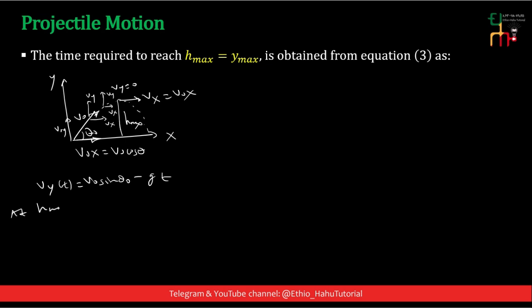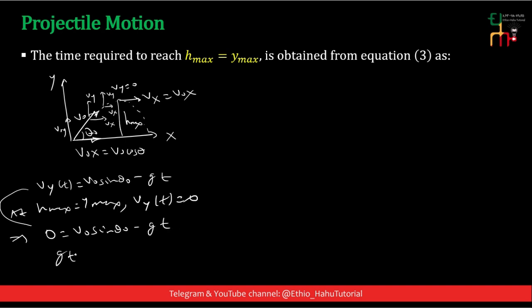Vy of t is equal to 0. This implies, from this equation, 0 is equal to V naught sine theta naught minus gt. Let's bring minus gt to the left. G times t is equal to V naught sine theta naught. Divide both sides by g. T is equal to V naught sine theta naught divided by g. This is the time required by the projectile to reach Hmax.